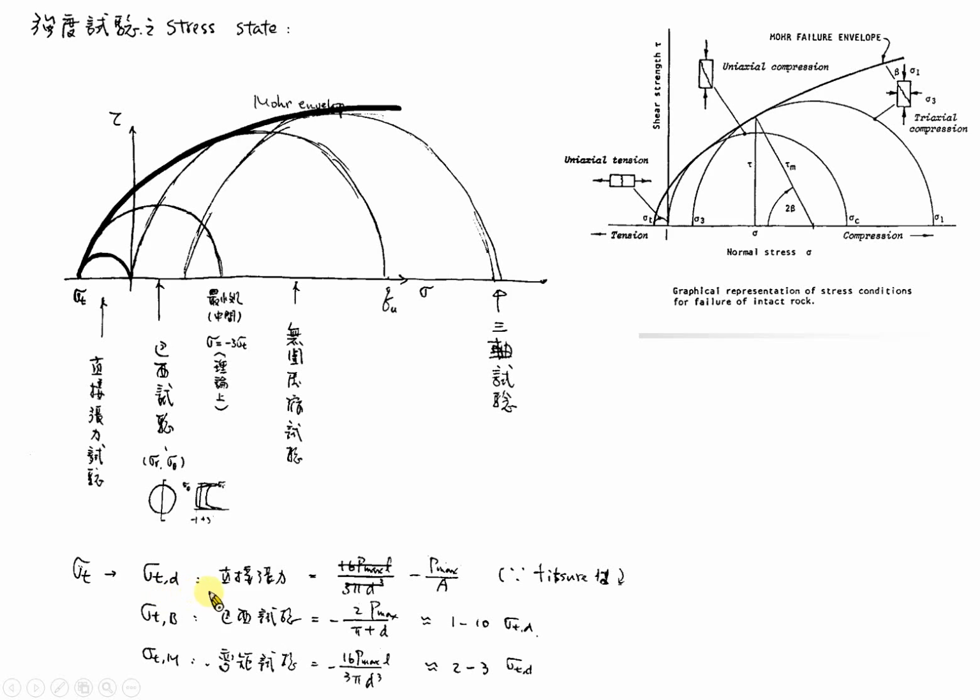For example, if we treat the direct tension test as the best testing method, then the Brazilian test will give results 1 to 10 times larger than this. And the bending test will give 2 to 3 times larger than this.